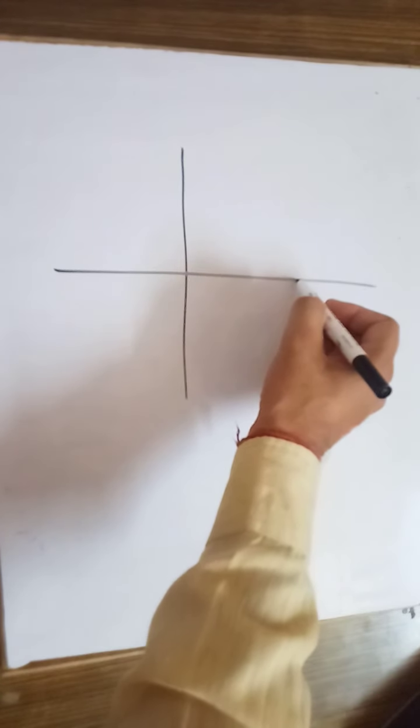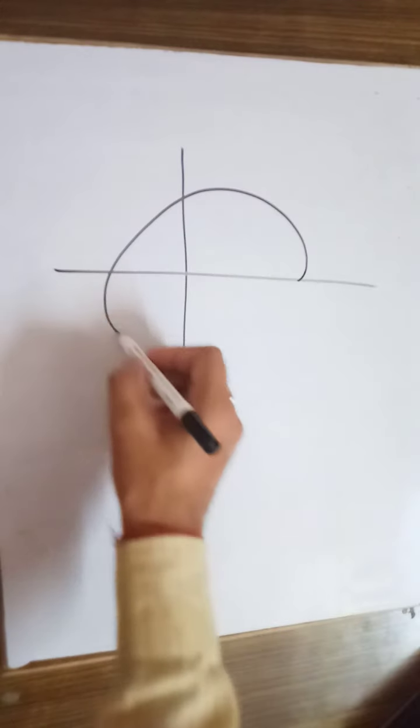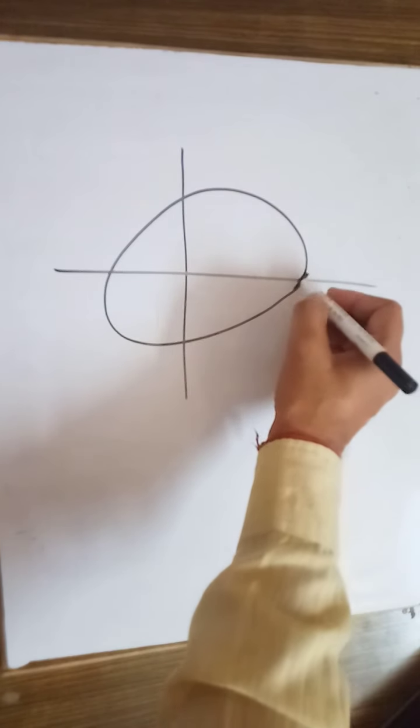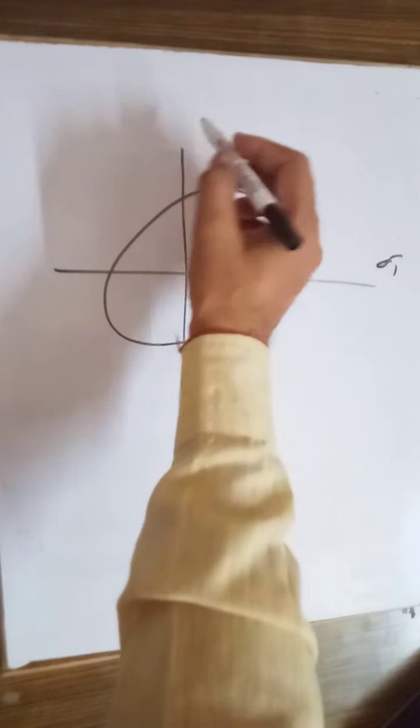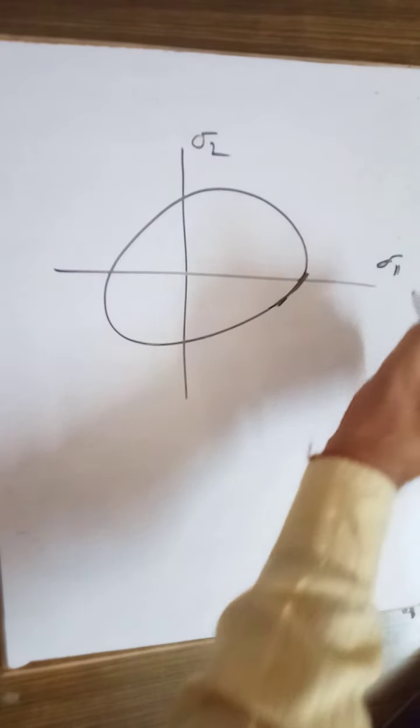So in place of the von Mises criteria, what will be the changes in the Tresca criteria? So again we need to draw this for the von Mises criteria. If this is the ellipse, this is sigma 1 and sigma 2.